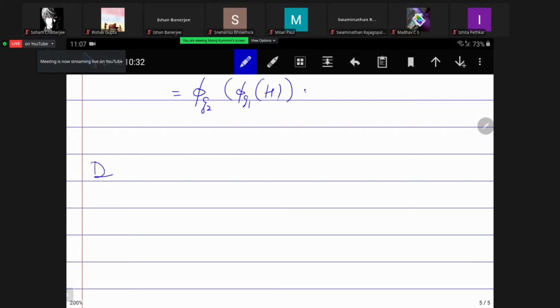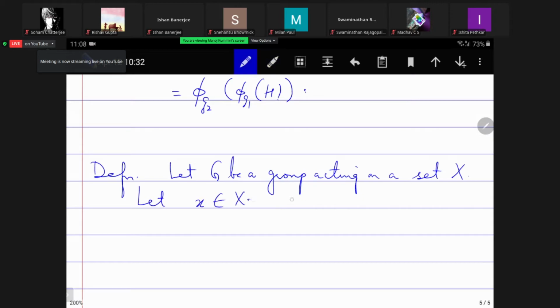Definition: let G be a group acting on a set X. Let x be inside X. The orbit of x, for this action, is the set gx, where g is inside G. Think of g as just pushing this x.